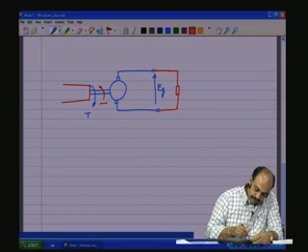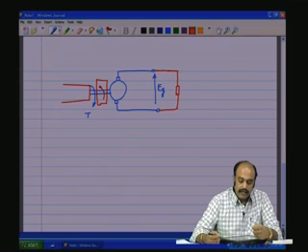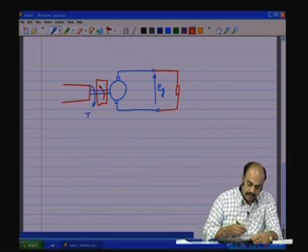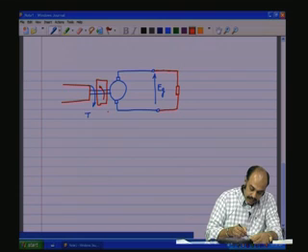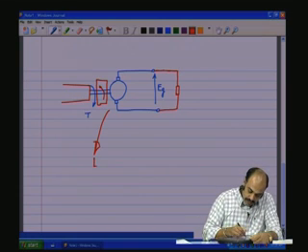How does this loading effect back onto the shaft happen in a DC machine? Because that is an important thing to understand, and that is happening by means of what is called the Lorentz force.